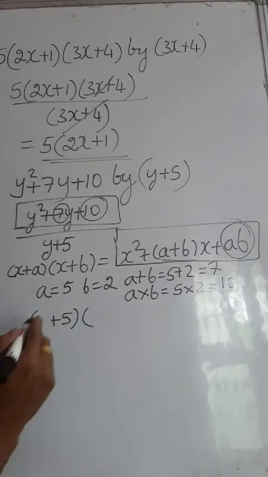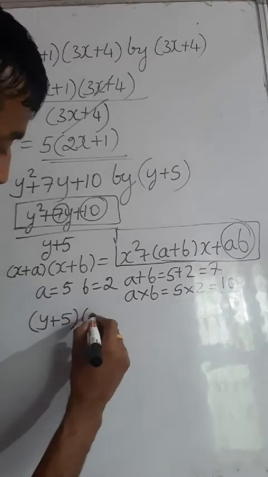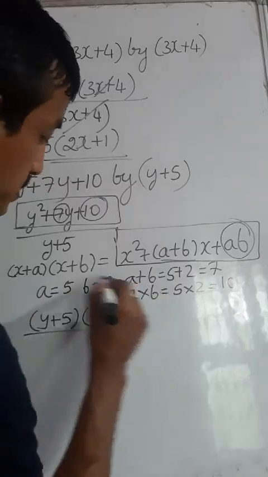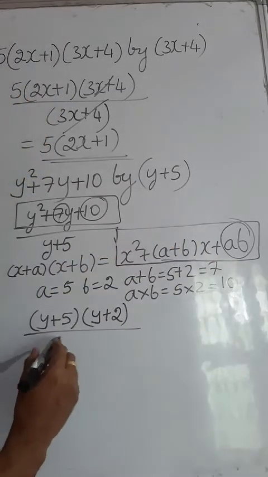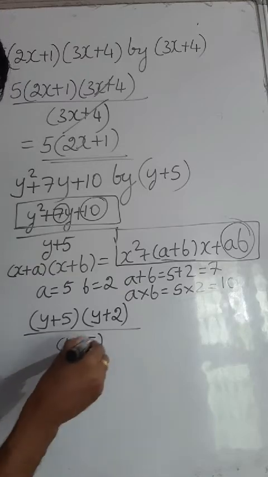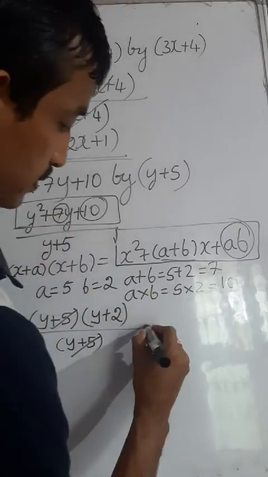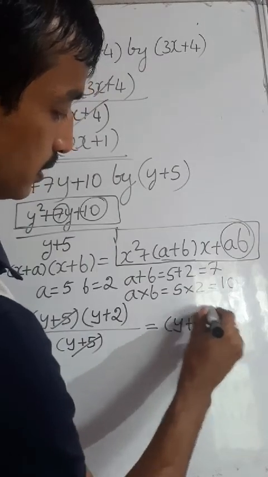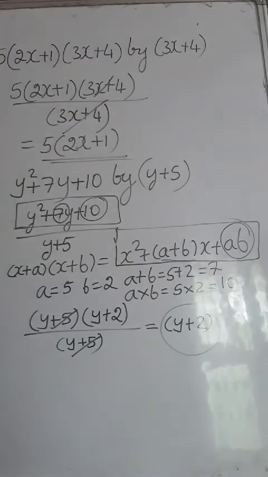So (y plus 5) into (y plus 2) divided by y plus 5 cancels. So the remaining is y plus 2. See how the identity is applied while dividing a polynomial by another polynomial.